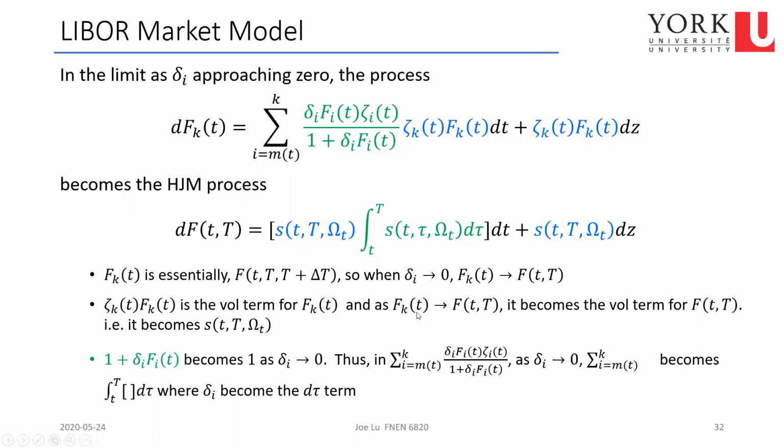So it shows that if delta I is approaching 0, we have recovered the HJM process from the BGM process, which demonstrates that the two models are consistent and related. This is a good validation for the LIBOR market model.